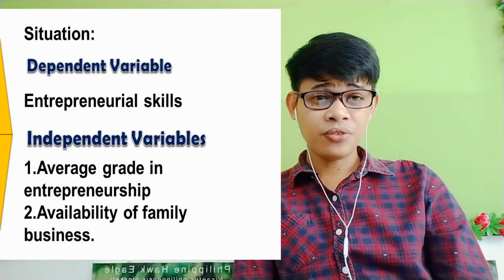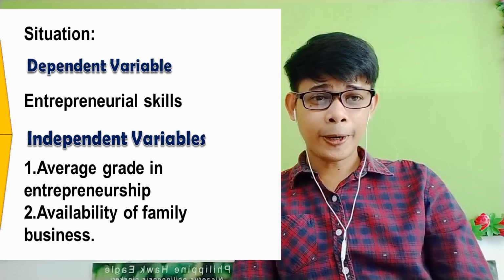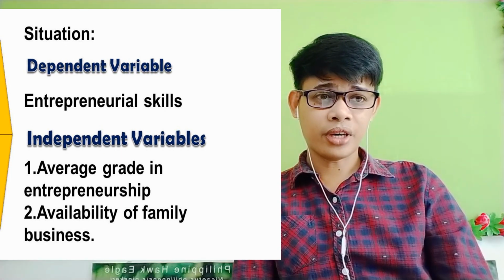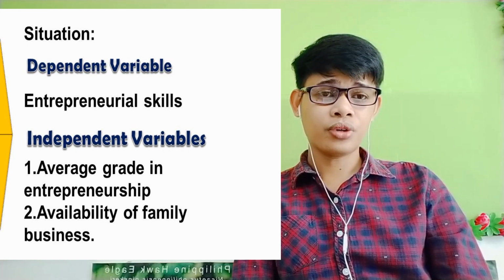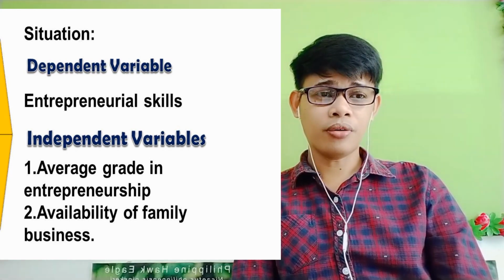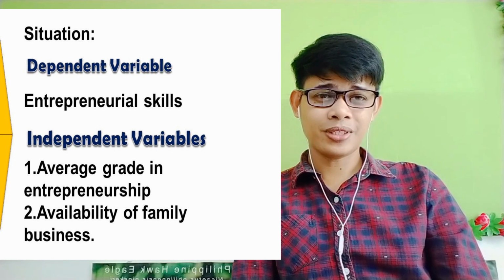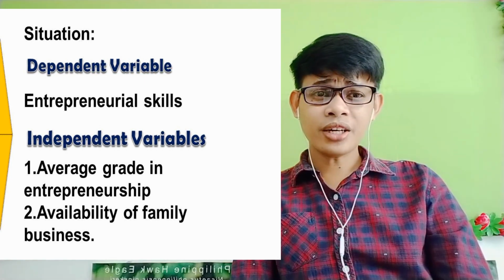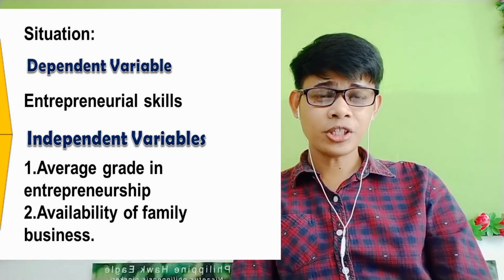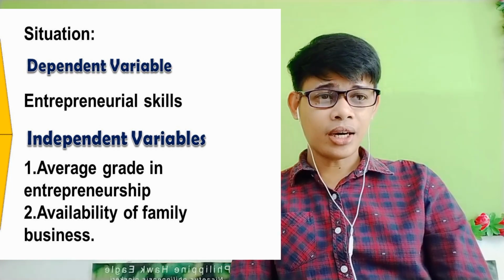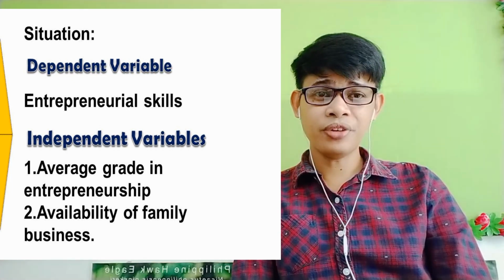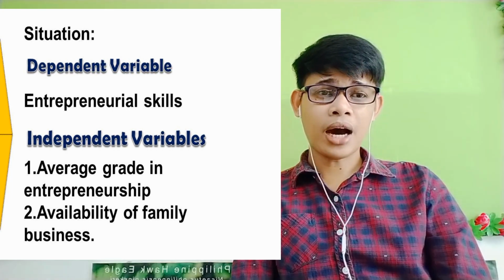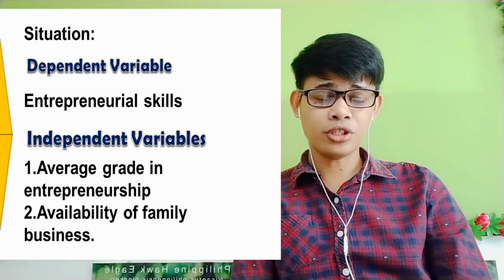So if you noticed, categories are provided for the variables because these are the characteristics or features of research variables. There are still a lot of research variables, and I will try to make a new video about that before we write your conceptual framework.